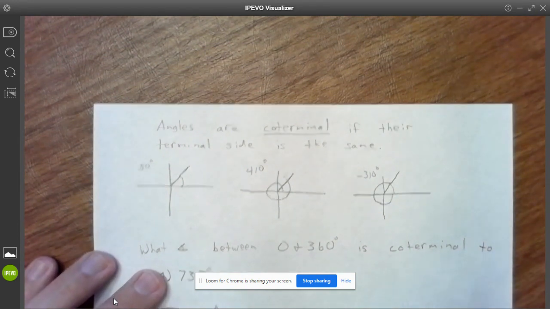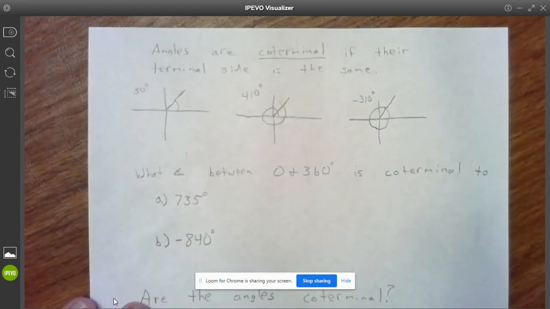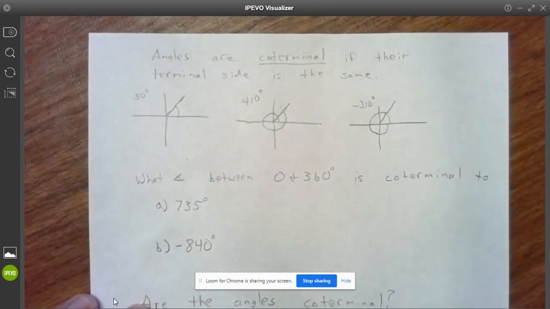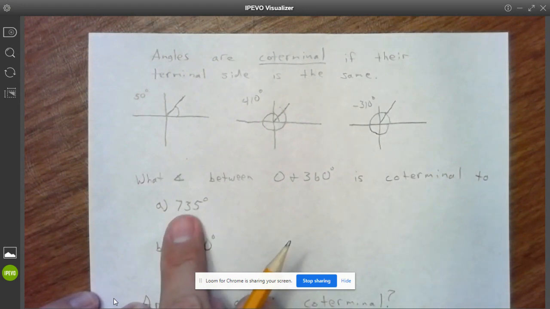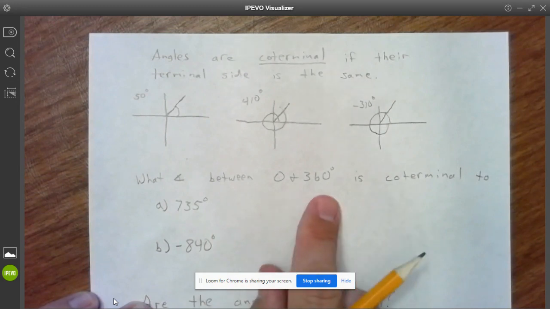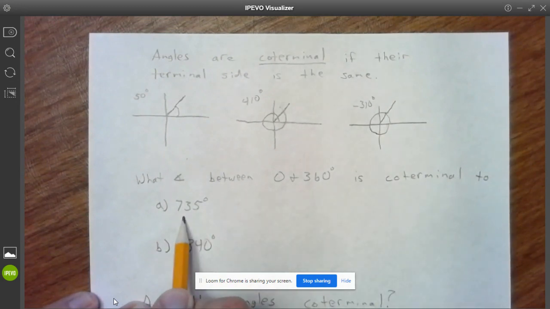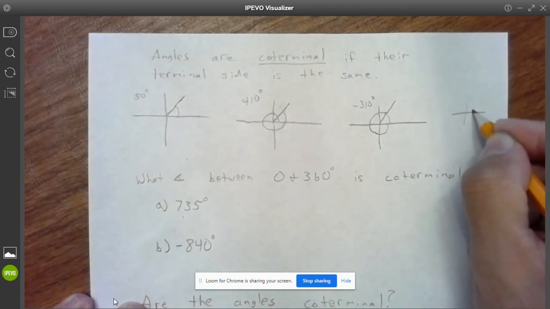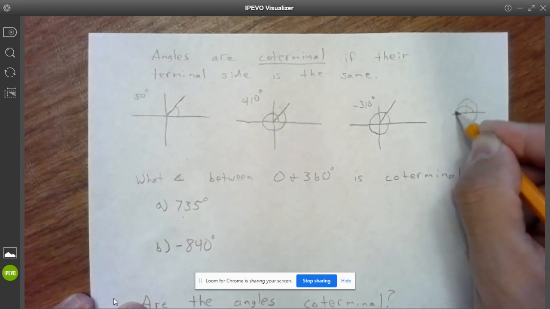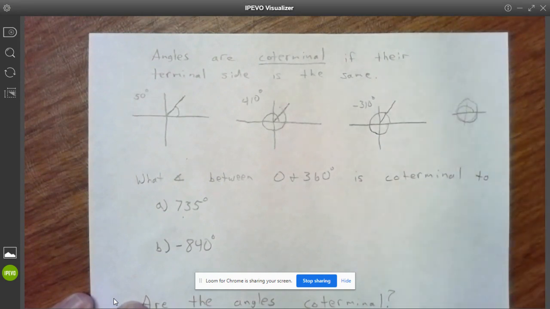So the first type of question we'll ask here is to find a coterminal angle to a given angle. What angle between 0 and 360 is coterminal to 735? Now you don't have to sit here and actually try to graph 735, however many laps around that is.